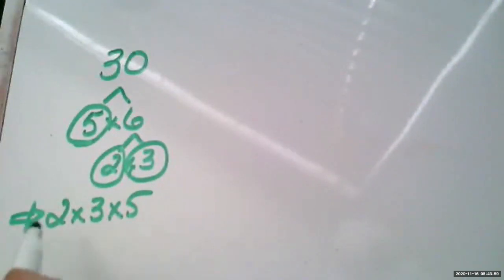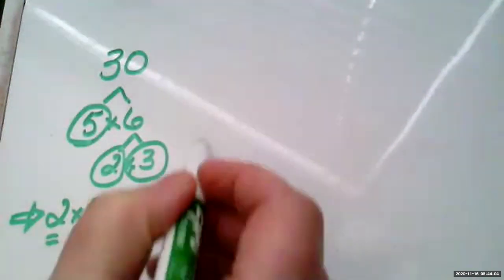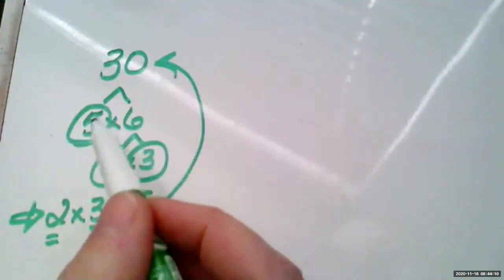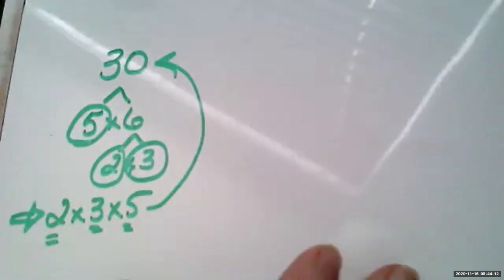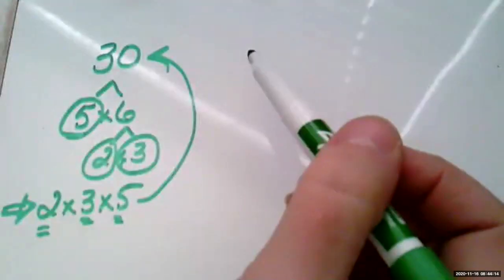Mark, I think you did a typo there. Just double check your answer on that one. All right, so this is what prime factorization looks like. It looks like prime numbers only, and you multiply them together to equal a larger composite number. This is by using a factor tree, and factor trees are something that we learn in 5th grade.